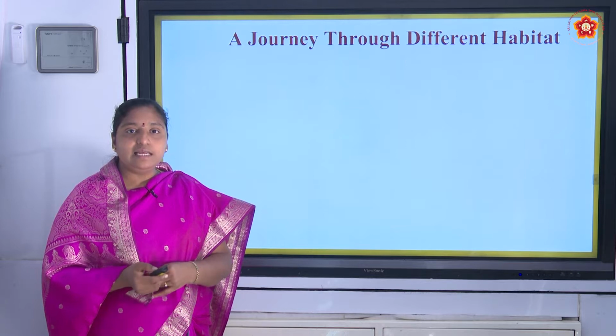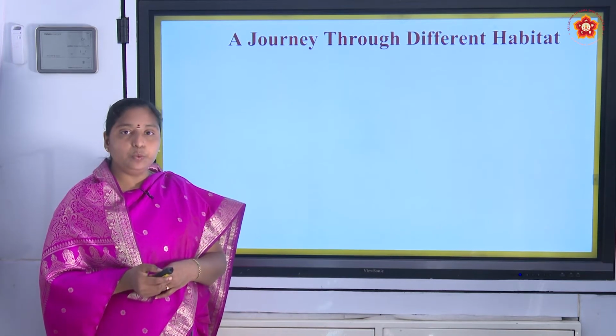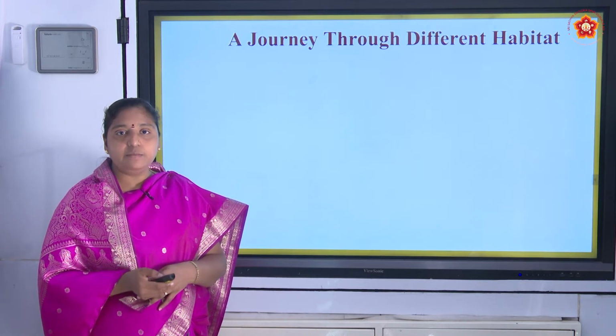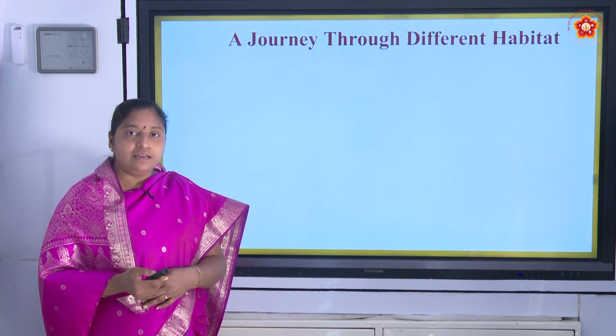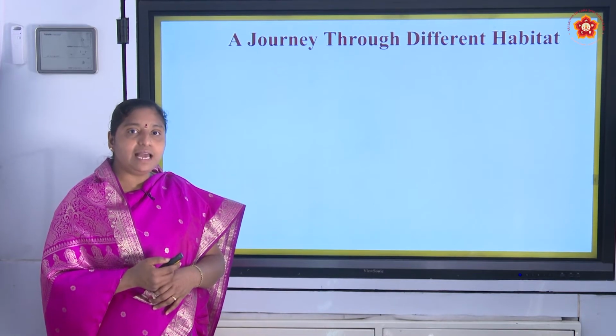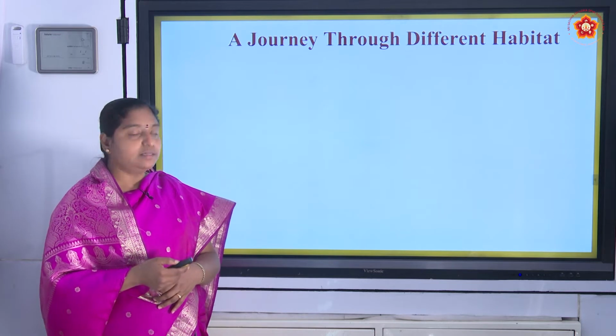Now in today's class, we are going to study about a journey through different habitats. Already we have studied what is habitat and what is adaptation, and now we will see different habitats and study them in detail.